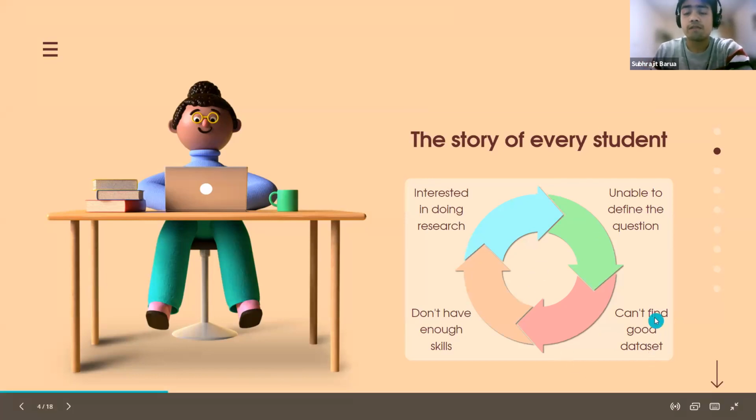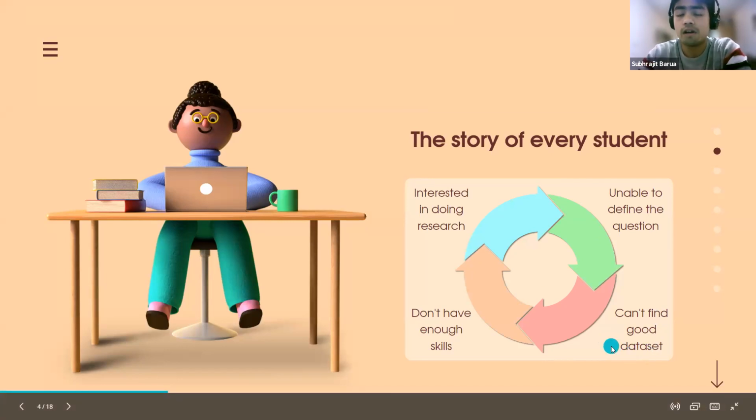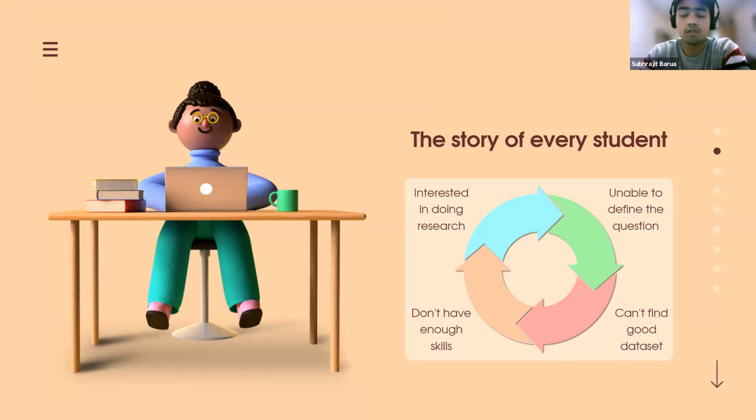Sometimes we face one of the major hurdles while doing any research project: we can't find a good data set, just like Dr. Raghava and also Ilya earlier were talking about, that finding a good data set which is curated and which is worthy of analysis bioinformatically using the various tools and algorithms statistically is a major challenge and a very difficult task.